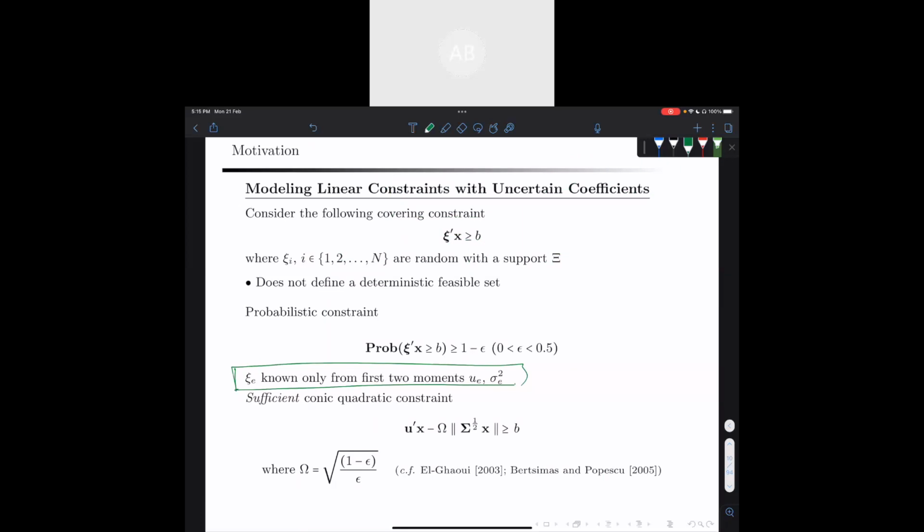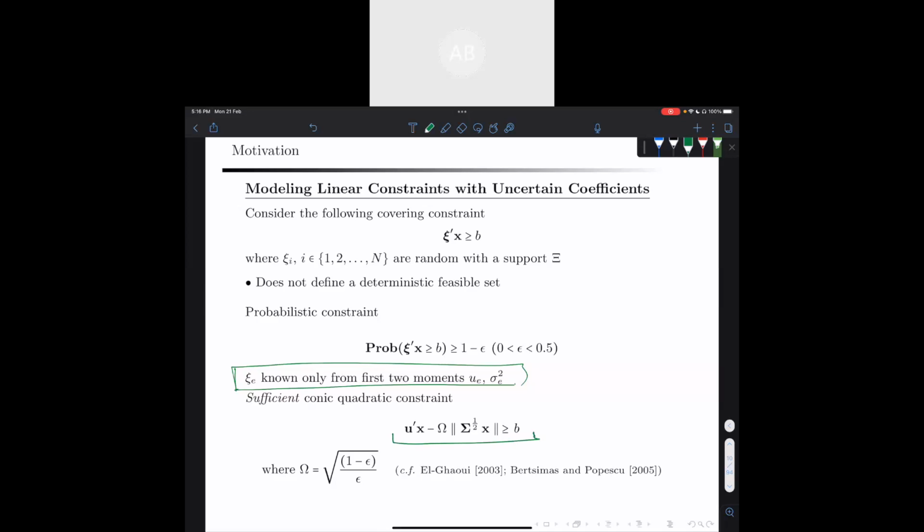Most often when you have data, all you know is not the underlying distribution, but the first and second moment of the data. You can compute further moments, but let's say that these uncertain parameters are only known through the first couple of moments. Then in that case, you do not have an exact conic quadratic constraint, but a sufficient conic quadratic constraint. So you have an inner approximation of these sets.